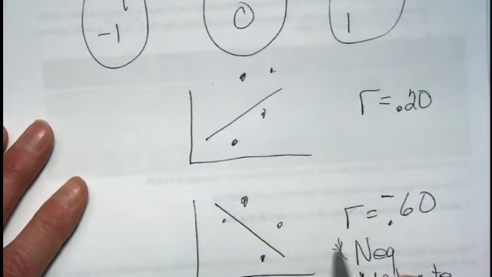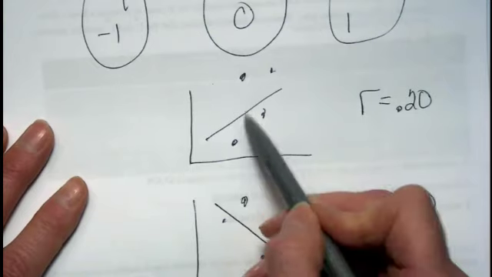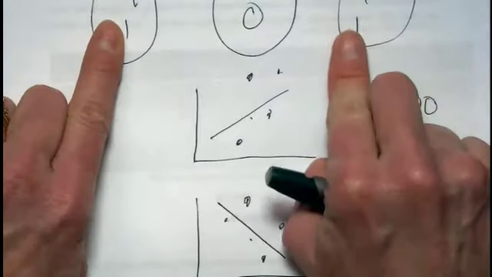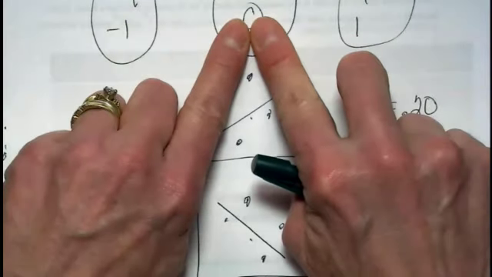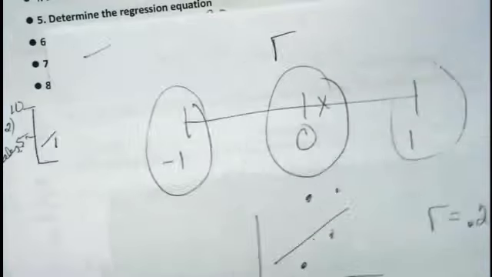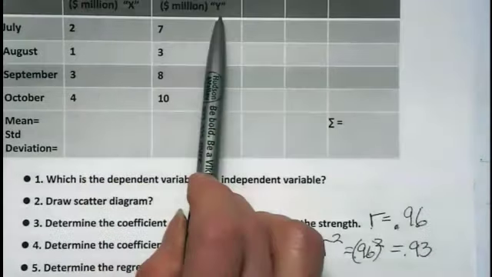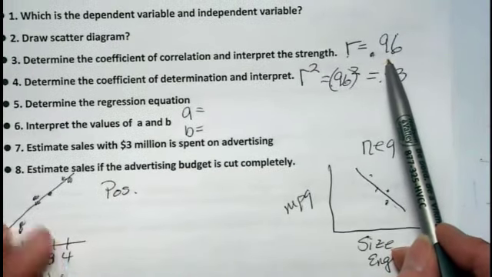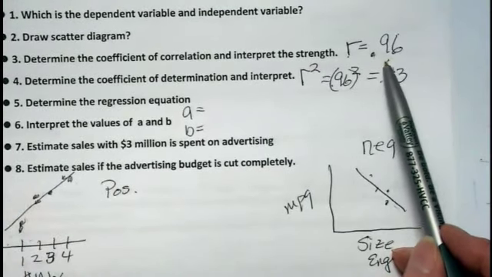R gives you two pieces of information, whether it's positive or negative, and whether it's strong or weak. So in my example of advertising versus revenue, 0.96 is very, very strong.